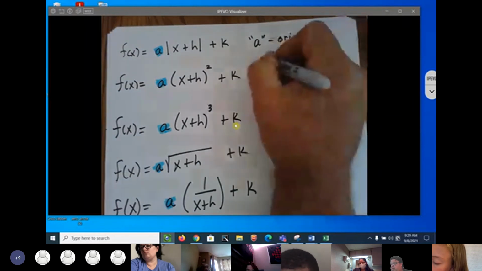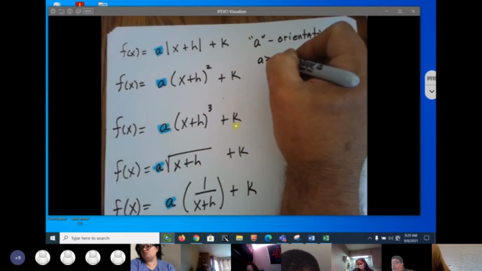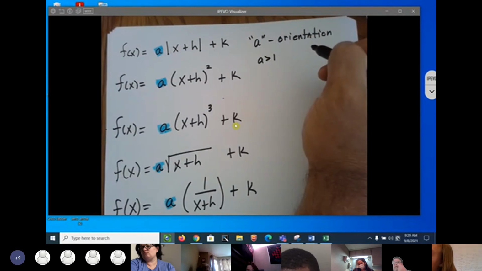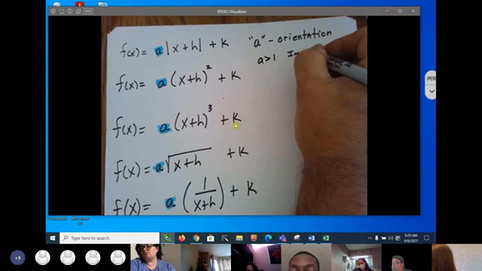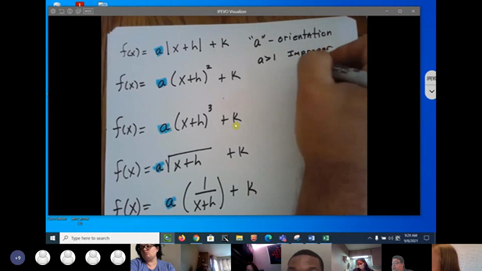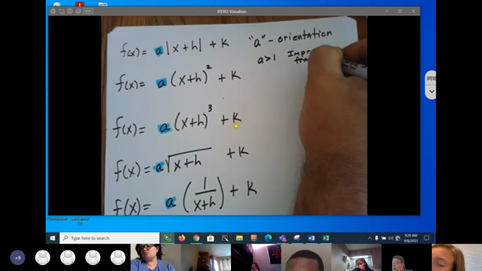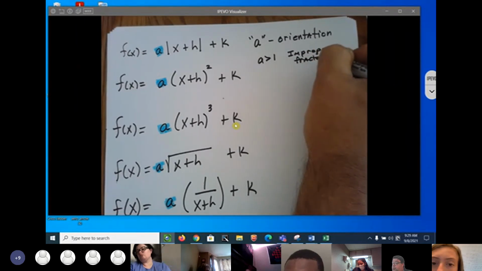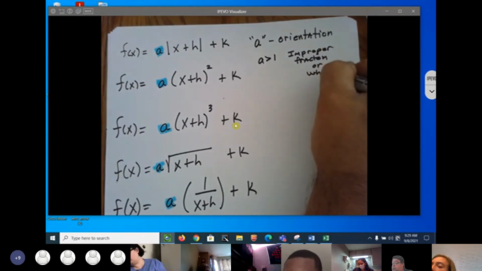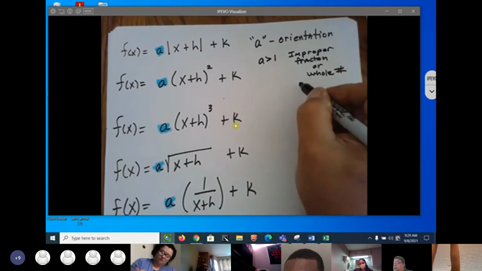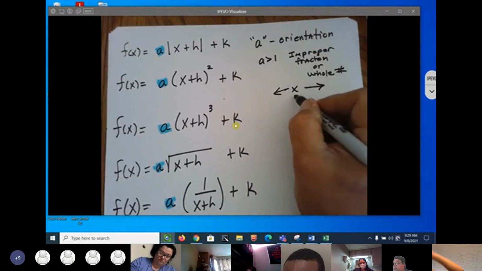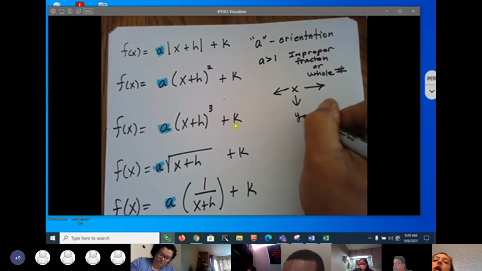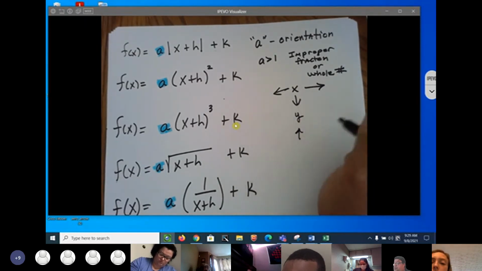Okay, if A is greater than 1, and it can be an improper fraction or a whole number, you've got stretched along the x-axis and compressed along the y-axis, which causes the function to be wide.